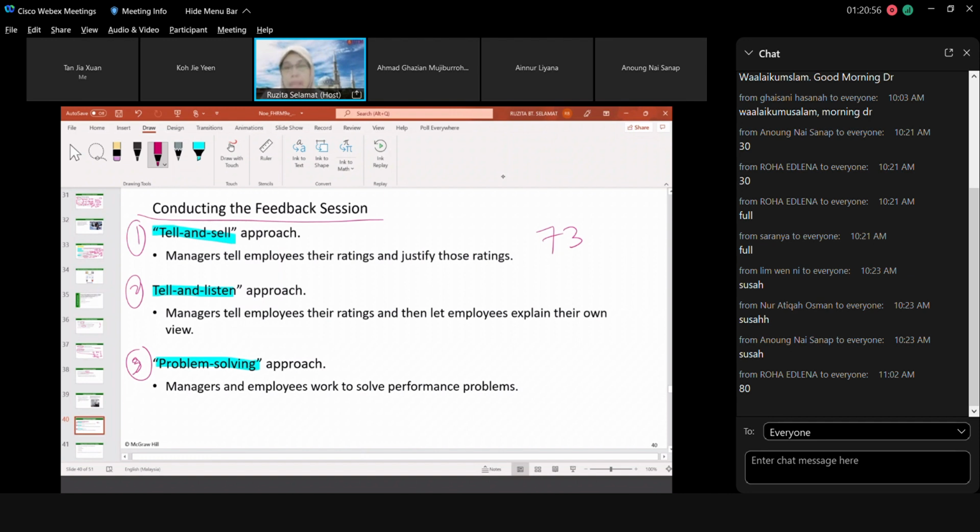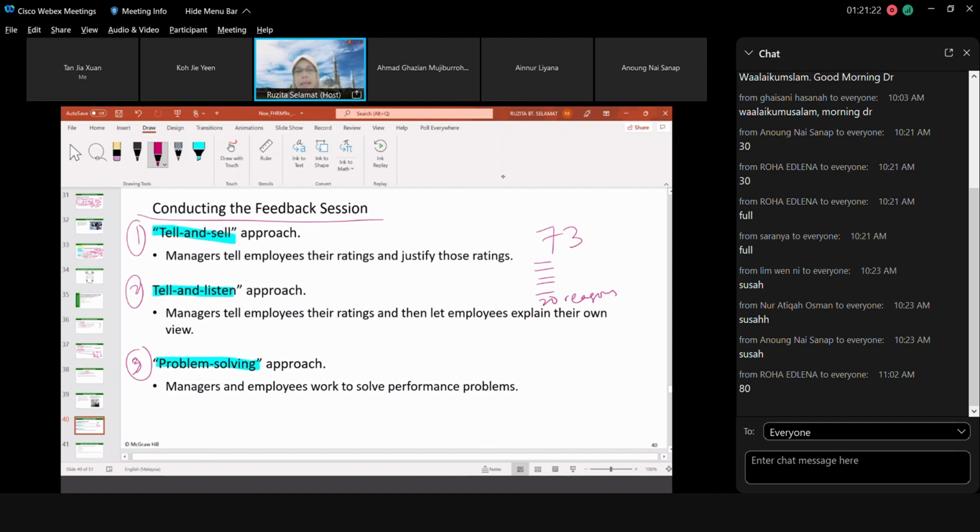And why are you getting 73? I will give my justification: 1, 2, 3, 4 until 20 reasons, why you are scoring 73. So I tell you the result and I sell my justification, supaya Saranya boleh convince, I deserve only 73. Contohlah, right?